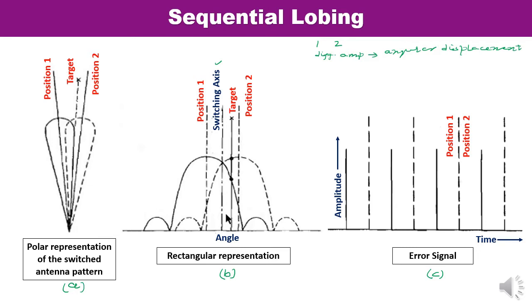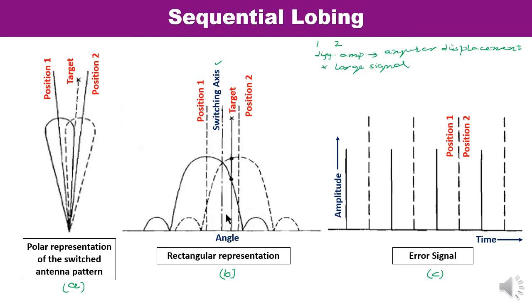The direction in which to move the beam to bring the target onto the switching axis is found by observing which beam position has the larger signal. Depending upon the magnitude of the signal, the beam position with the larger signal is identified.